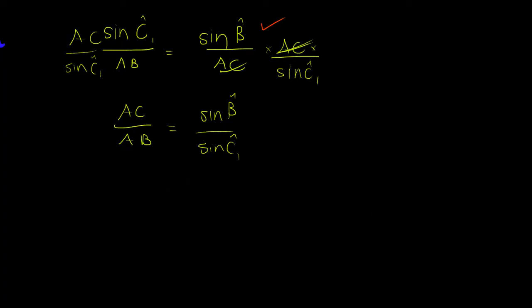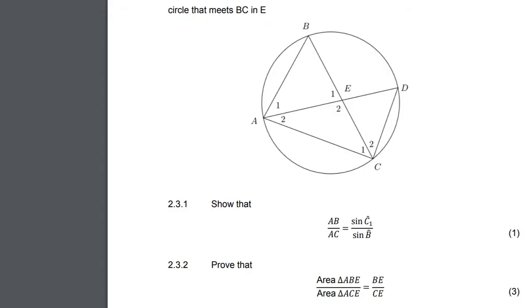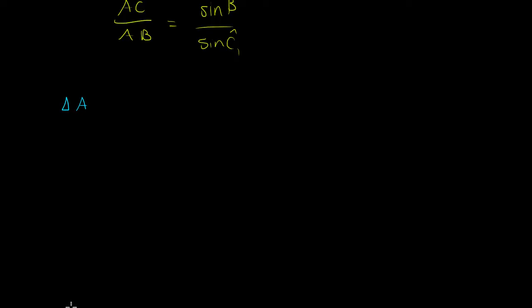So here we have triangle ABE and ACE. There were two ways. You could have said it's just half base times perpendicular height divided by half base times, let's call it base 1 and base 2 times perpendicular height.